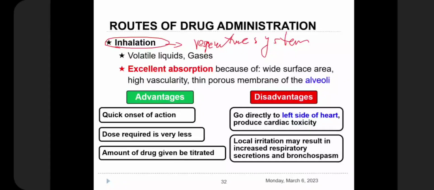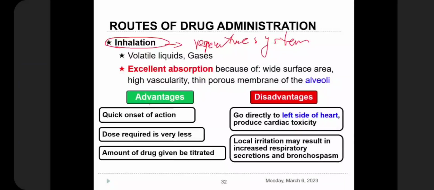Why? Because the drug will first get into the lung and into the alveoli. Our lungs have a huge number of alveoli, so they have a very wide surface area. Also, because the gap between the alveoli and the blood vessel is very thin, it gets a very rapid speed.